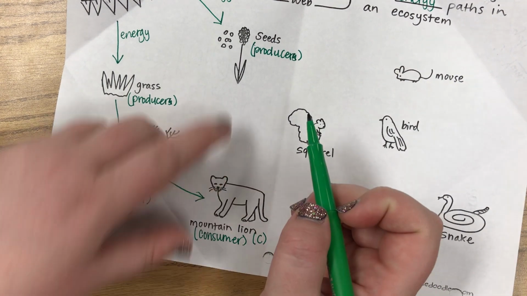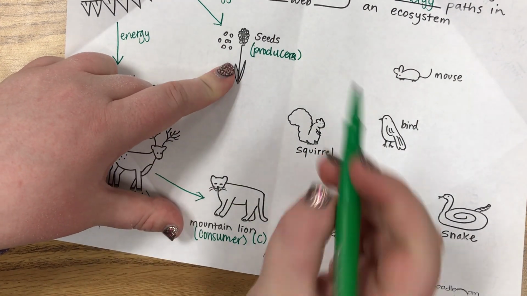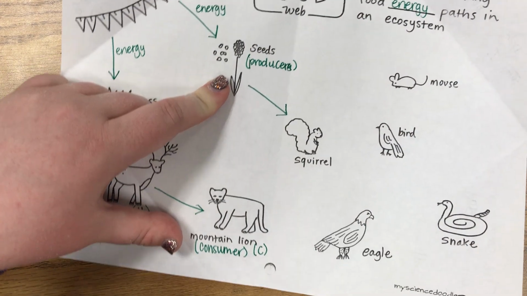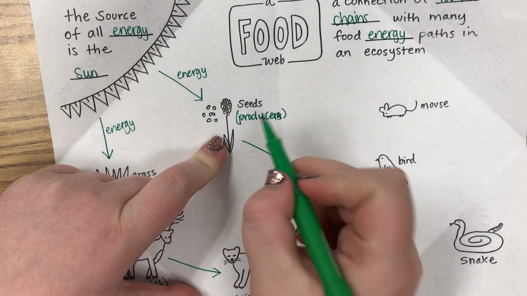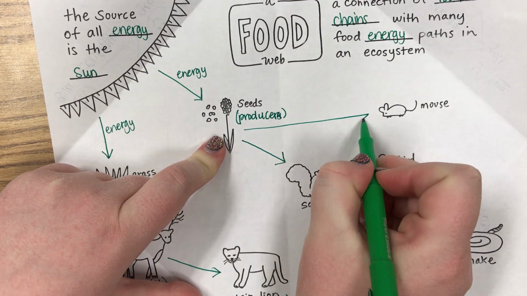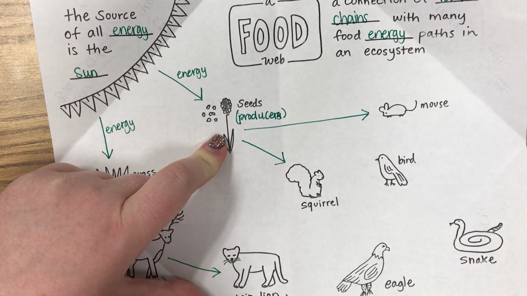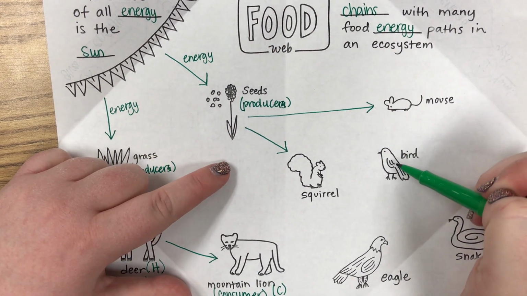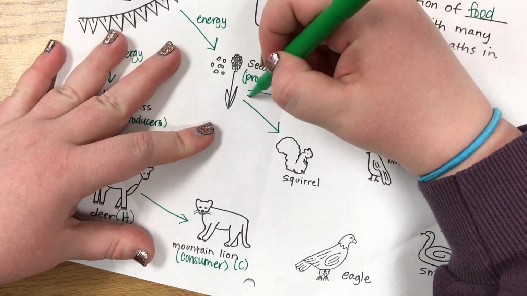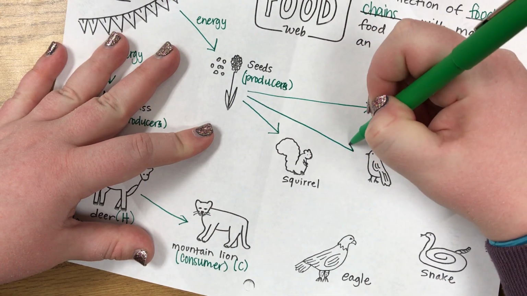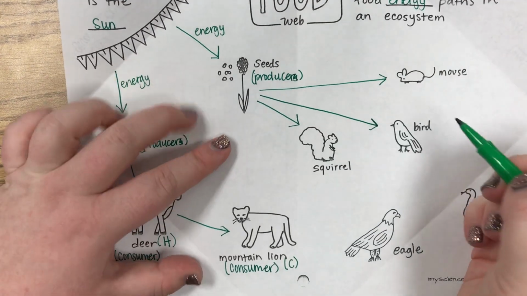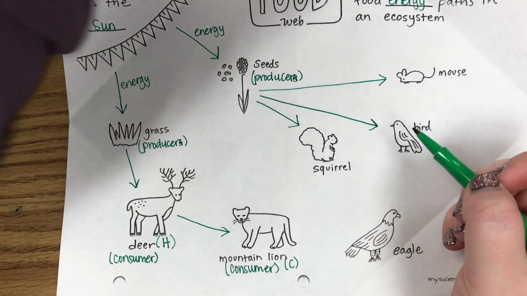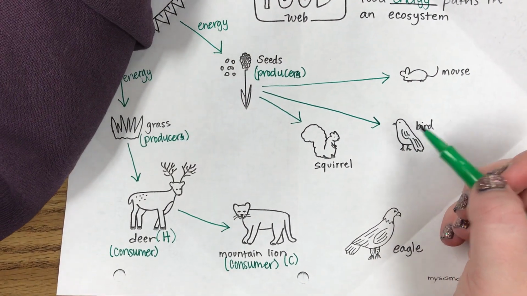All right, now to the seeds. The seeds will give energy to the squirrel. The seeds might also give energy to the mouse, or it could give energy to the bird. So many different types of organisms depend on one food source, which could create an issue later.